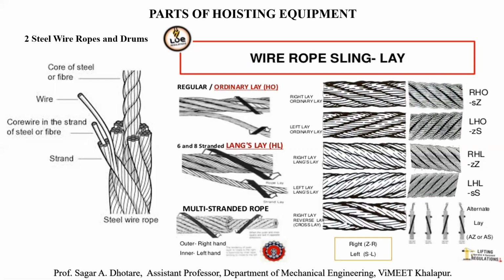The strands are laid on a core made of hemp, asbestos, or wire of softened steel. An asbestos or wire core is used for ropes subject to the action of radiant heat.